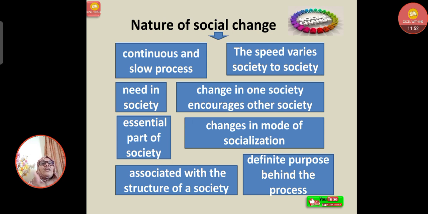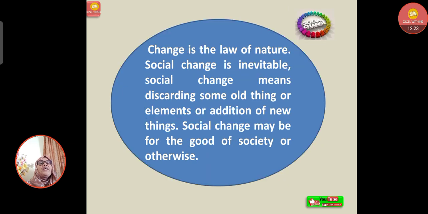Change is the law of nature, as we all know. Social change is inevitable, and social change means, in simple meaning, discarding some old things or elements or addition of new things. Social change may be for the good of society obviously, or otherwise also sometimes. It is possible to know that there will be some changes in our tradition, though it is difficult to pinpoint social change. And so this is the nature of social change.